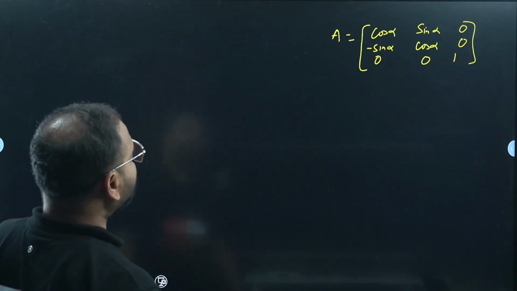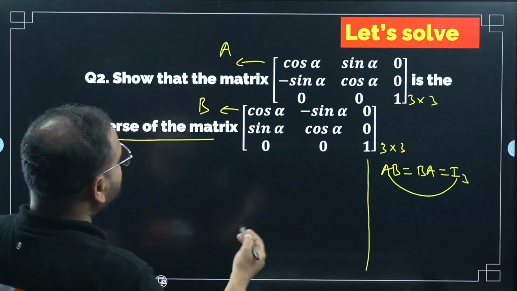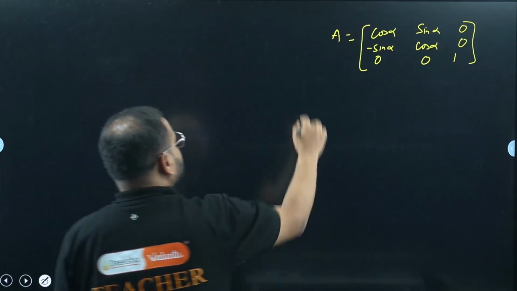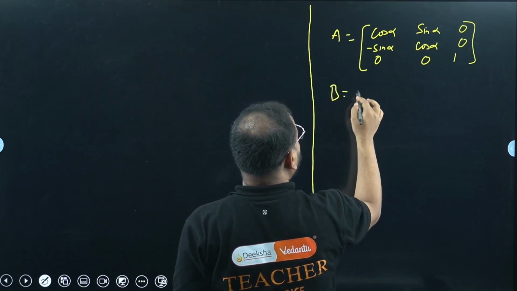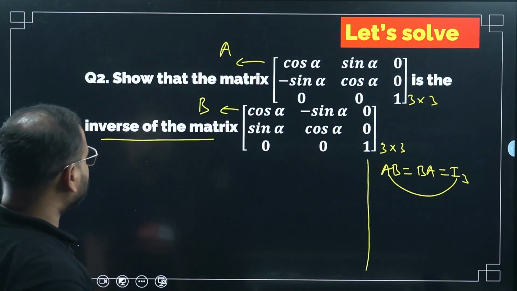So cos sine 0, sine cos 0, and 0, 0, 1. Okay, sir. All right, sir. I have already taken the negative sign. Let's take B also. Quickly we'll take. What is B?